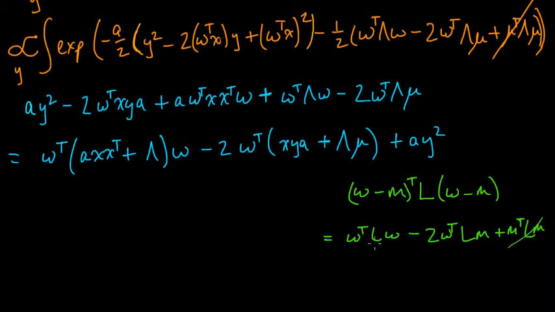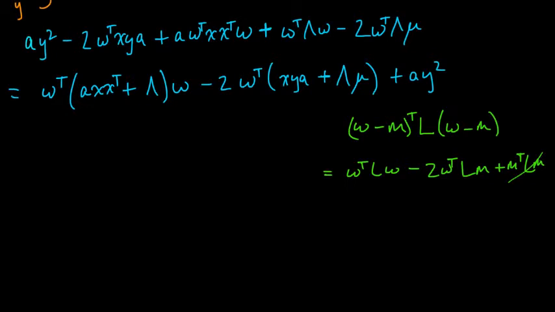And we need to match these up. Let's match this one up with this one. So we want to choose L equal to this part: A x x transpose plus lambda.